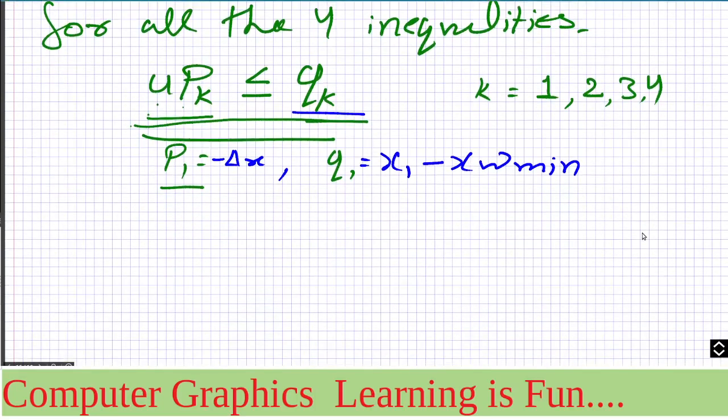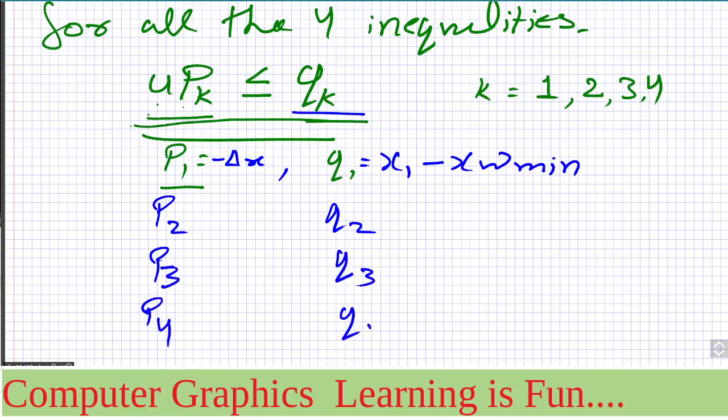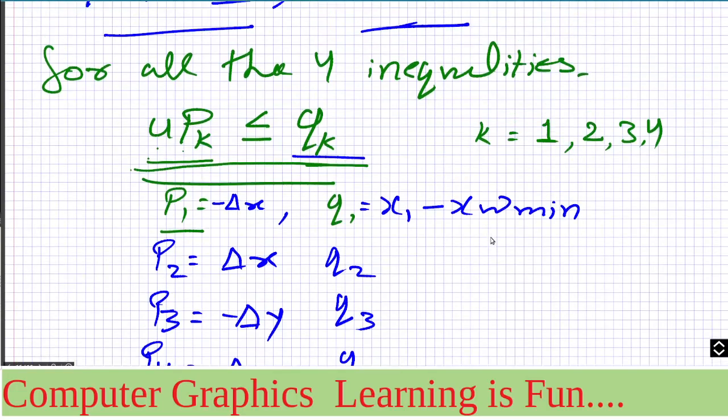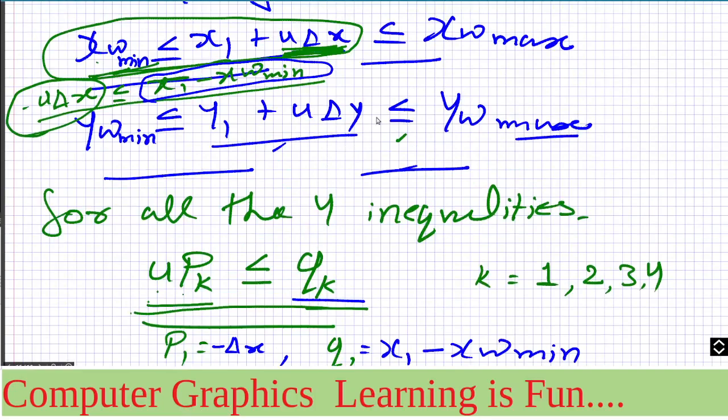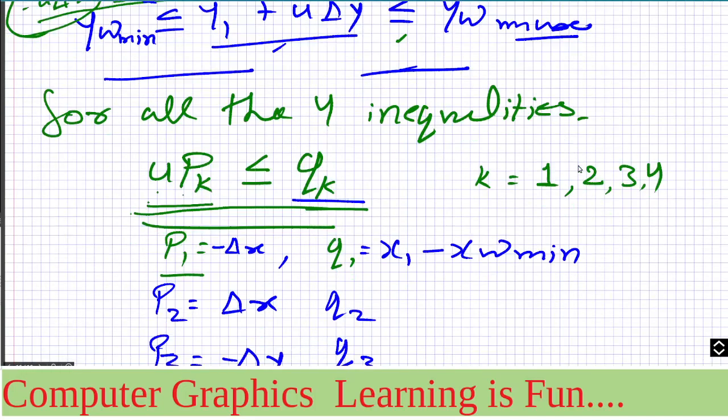Okay. Similarly, you will be able to find the values of P2, Q2, P3, Q3, P4 and Q4. P2 is delta x, P3 will be minus delta y, and P4 is delta y. Q2 will be related to this: u delta x you want to keep on this side, so it will be xw max minus x1.